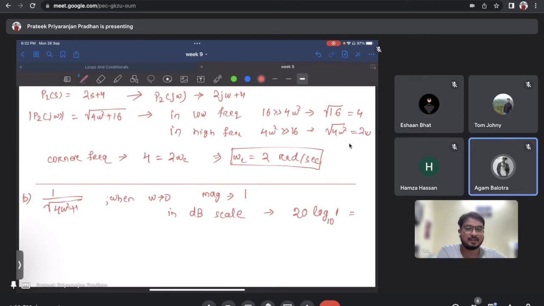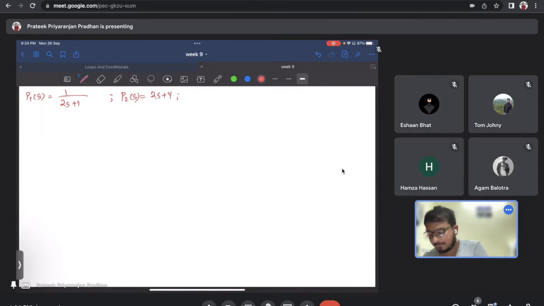Now I'll just write P1(s) is 2s plus 1 and P2(s) is 2s plus 4, and omega 1c is 1 by 2 radian per second, and omega 2c is 2 radian per second. So how to calculate the magnitude and all, I had a good discussion with Agam in the last class.